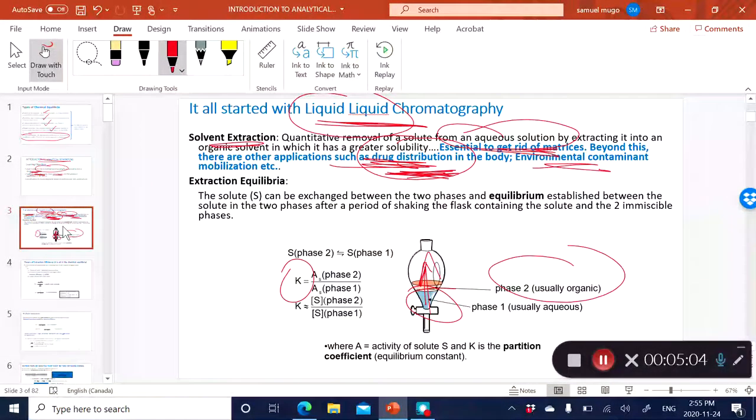And as I've said, the analyte partitions between the aqueous phase, which is phase 1, and it migrates to phase 2, which is the organic phase. And the relative distribution of the concentration of the analyte in the organic phase divided by the analyte remaining in the aqueous phase is what you refer to as the partition coefficient, the K in this case.